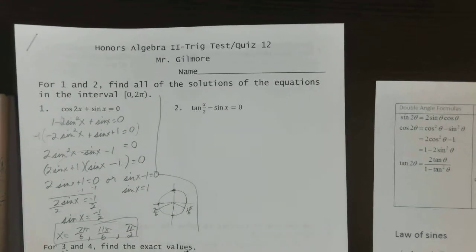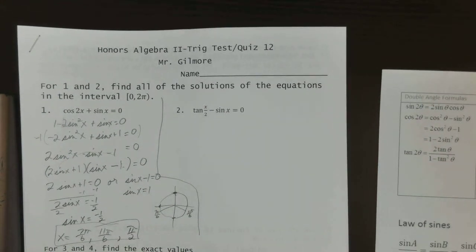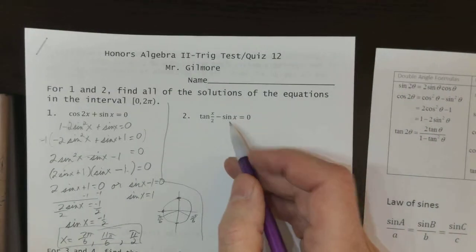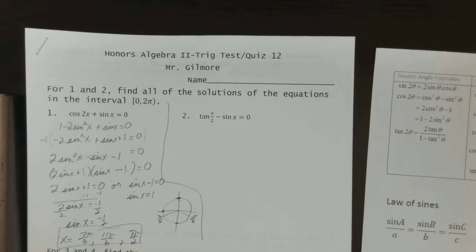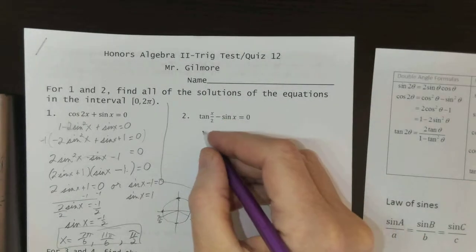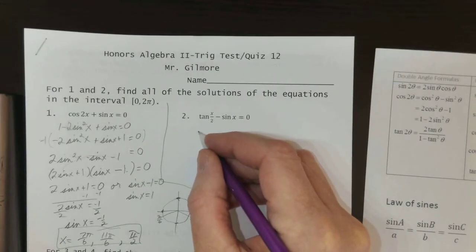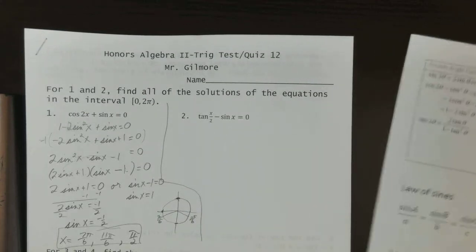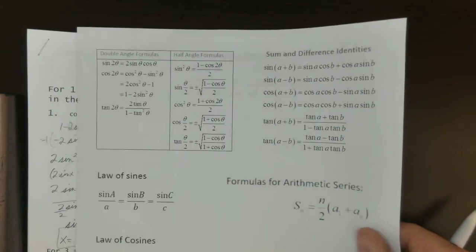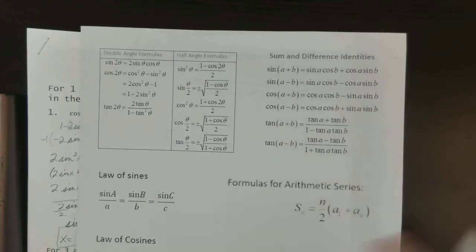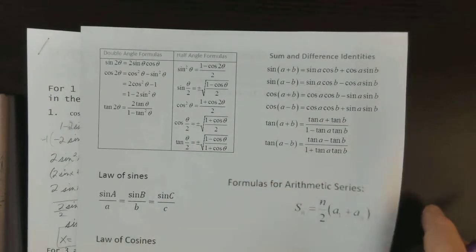Now, the next one, number 2 here. Tangent of x over 2 minus sine of x equals 0. So, what I've got for tangent of x over 2, we've got a couple ways we could go about this, but I think I'll try to use this identity here.